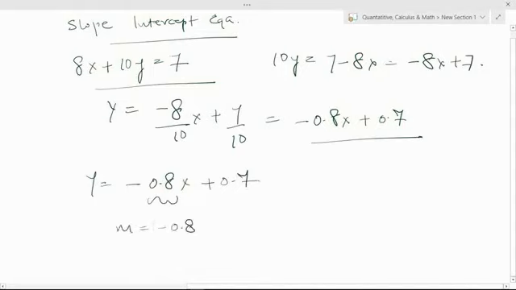Now this is the slope of the line, m is equal to minus 0.8. So the slope is negative, and here the intercept is 0.7.